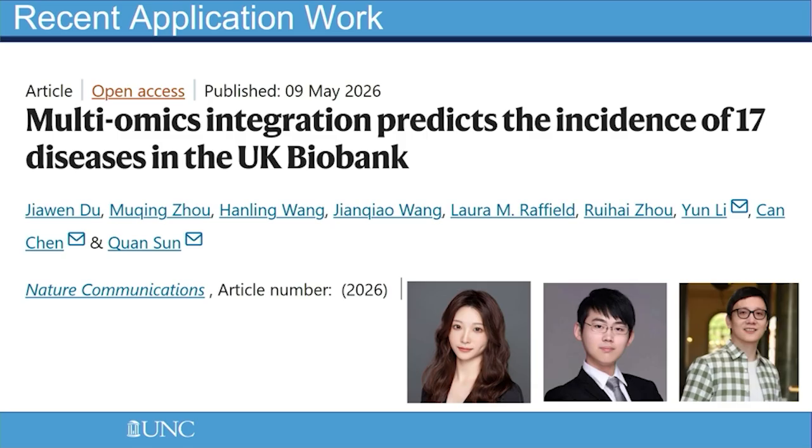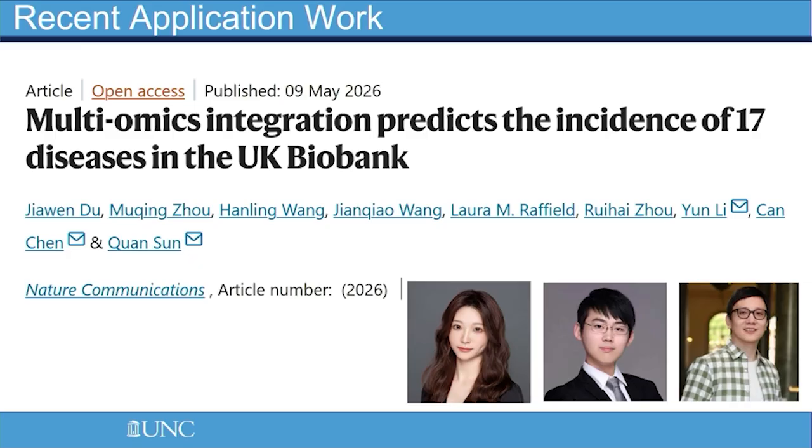So we basically used mixOmics to try to predict the incidence of 17 different diseases in UK Biobank. So, we are quite familiar with all the ICD-9-10 codes, but we took the pains to derive the time to event, so to develop those complex diseases and try to do multi-omics integration.